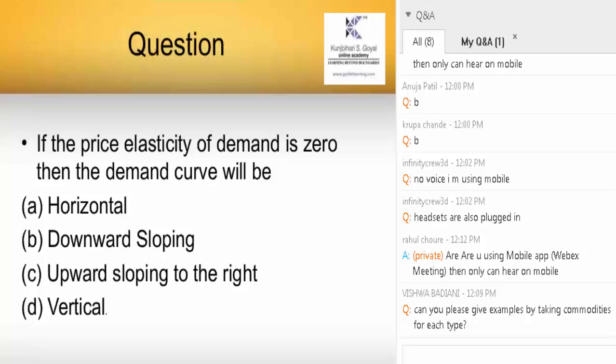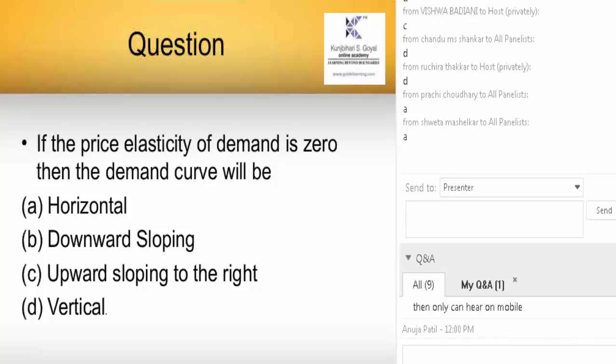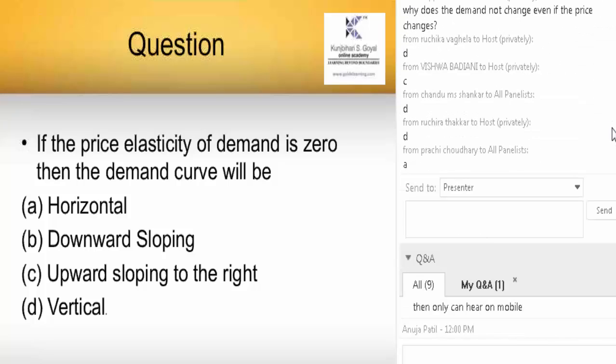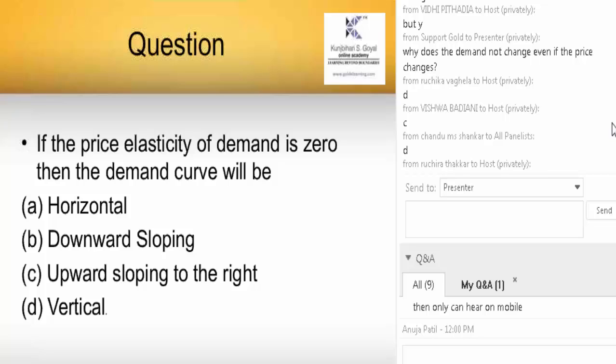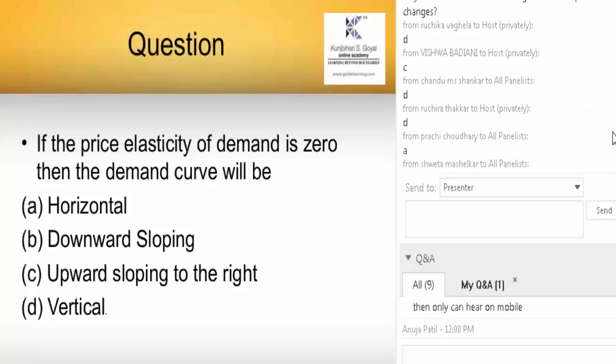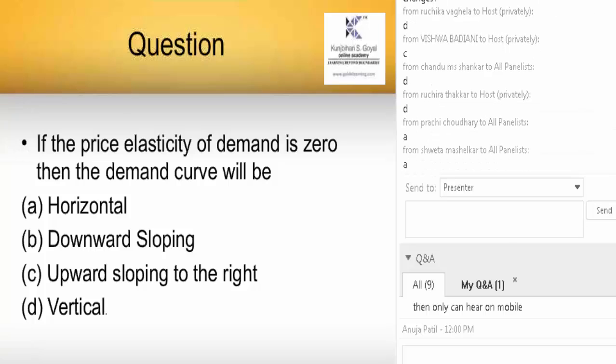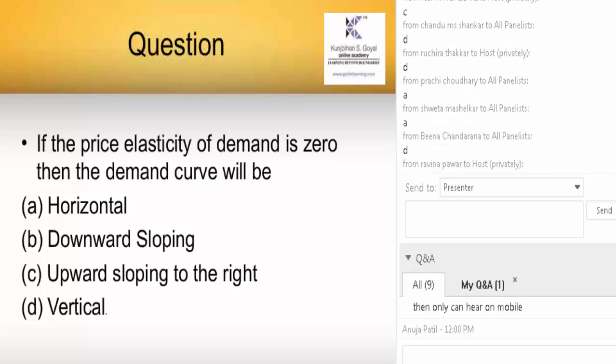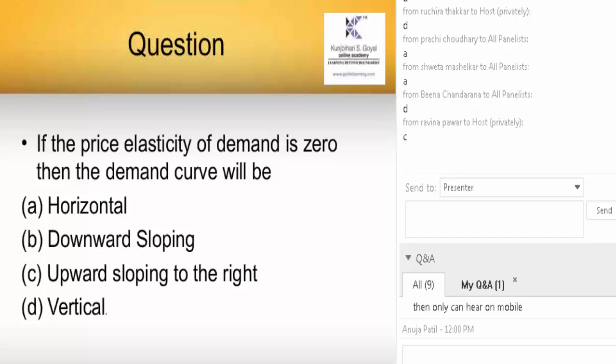Salt is an essential commodity, correct? सोचिए आपको पूरे महीने में घर में 1 kg of salt लगता है, right? बेसिक है, salt तो लगता ही है हर एक इंसान को खाने में. तो अगर कल salt का price बढ़ गया तो क्या आप खाने में salt डालना बंद करेंगे? नहीं. You will still buy 1 kg of salt because that is your basic necessity. उतना तो खाने में लगता ही है, correct?